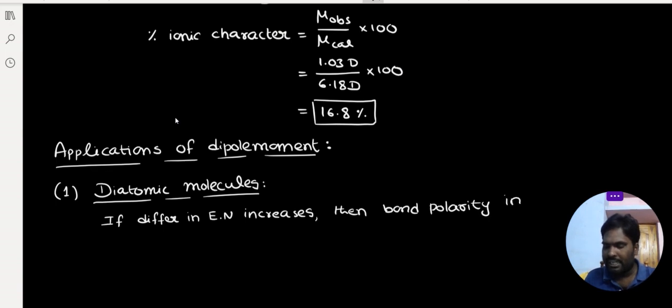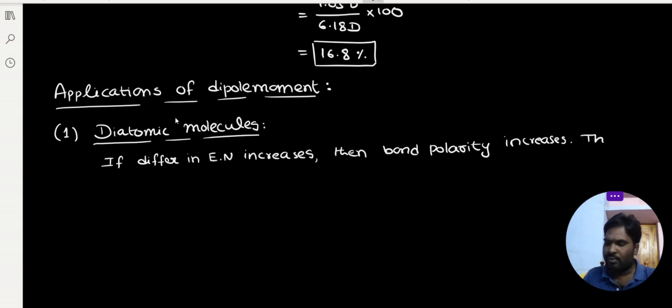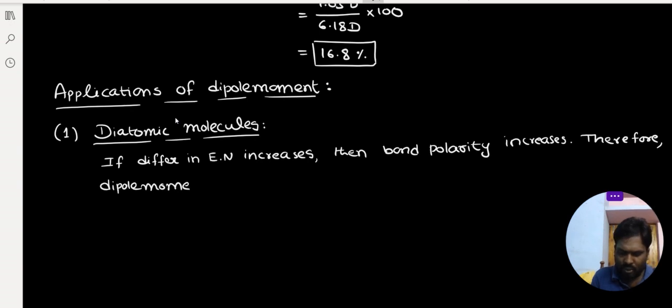Bond polarity increases, therefore the dipole moment increases. Okay, therefore dipole moment increases. So, dipole moment mu.